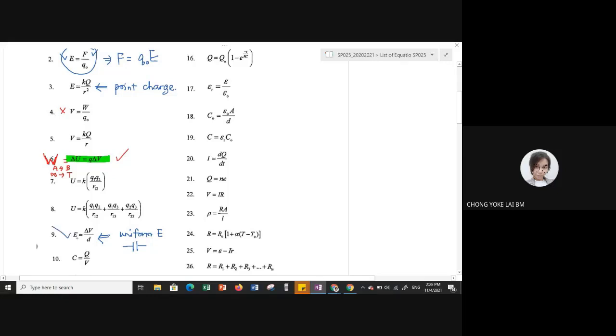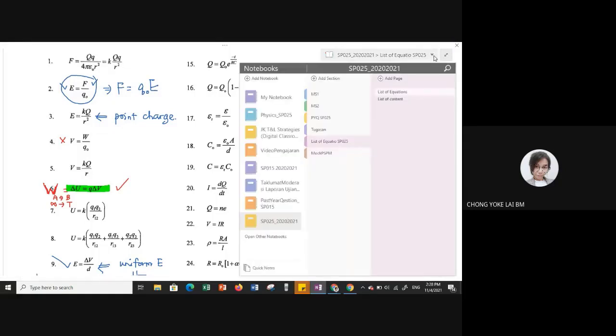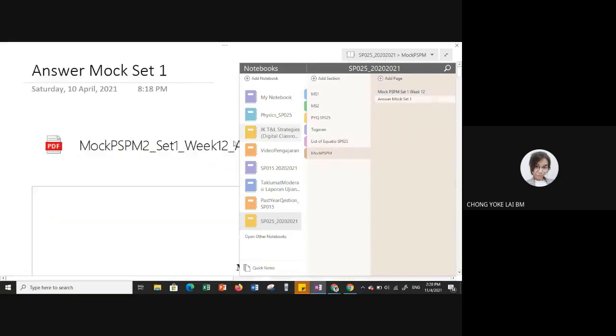So kita akan guna formula ni. E is delta V over D. So ini adalah dua equation yang kita akan gunakan. Ini cara kita selesaikan soalan. Bila you cuba ulang kaji untuk duduk dalam exam, sama macam exam, kita akan selalu refer list of equation. So itu dua formula saya.